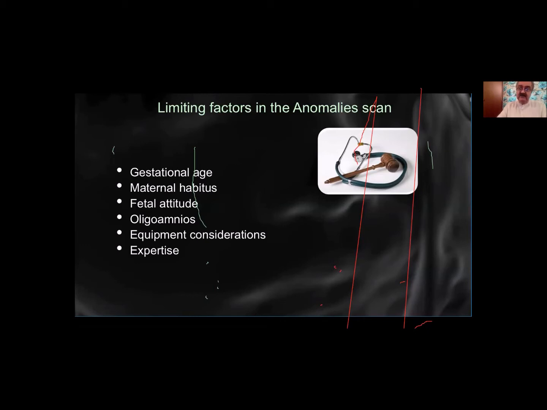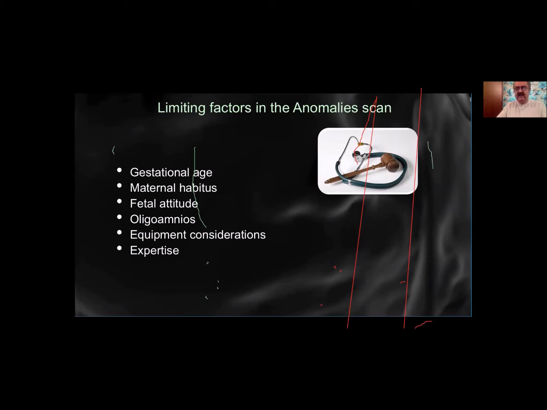Then there are equipment considerations, so that not everyone can have the best equipment, and this should be mentioned in the report. And there is expertise, that the people who do scans should be truly experienced. In our part of the world, qualifications are governed by the PCPNDT Act, and so we're not too worried about that situation. But in other parts of the world, expertise is a special certification.